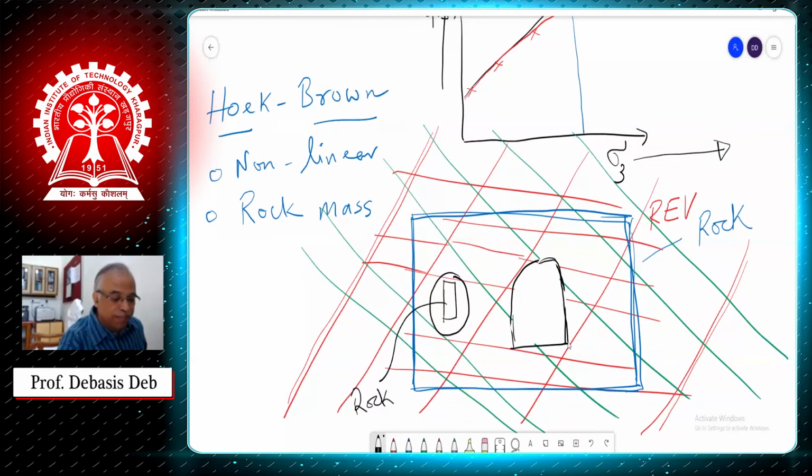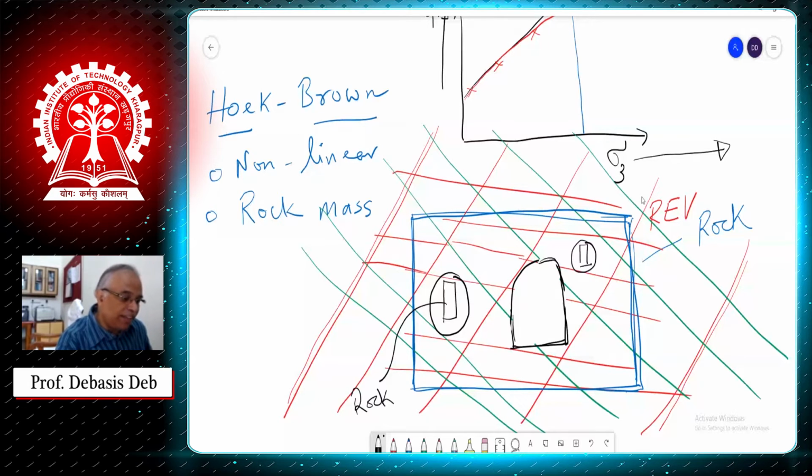Now, how many of you will make a tunnel like this in a rock mass? So you see, this small area is still a rock, but when you consider this representative volume or area, this is rock mass. So the Mohr Coulomb criteria will be applied in this rock, but not in this entire rock mass. That you have to understand.